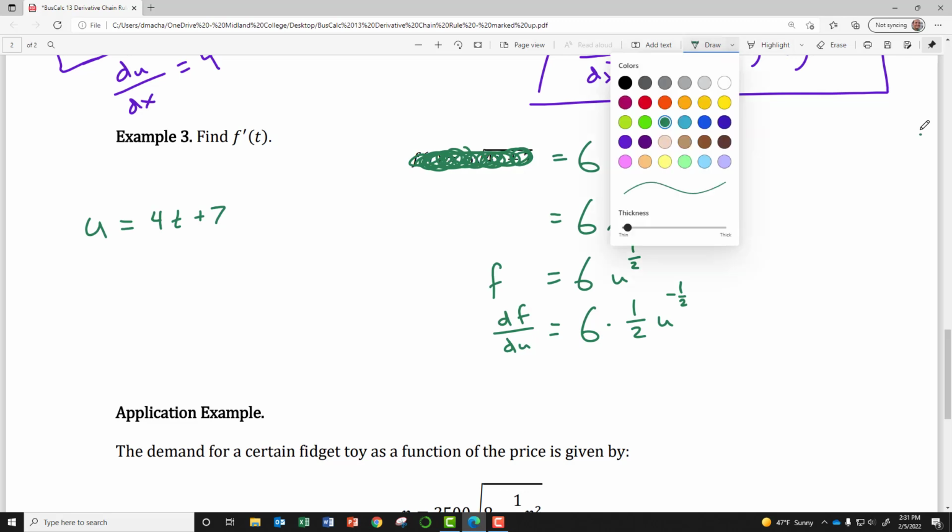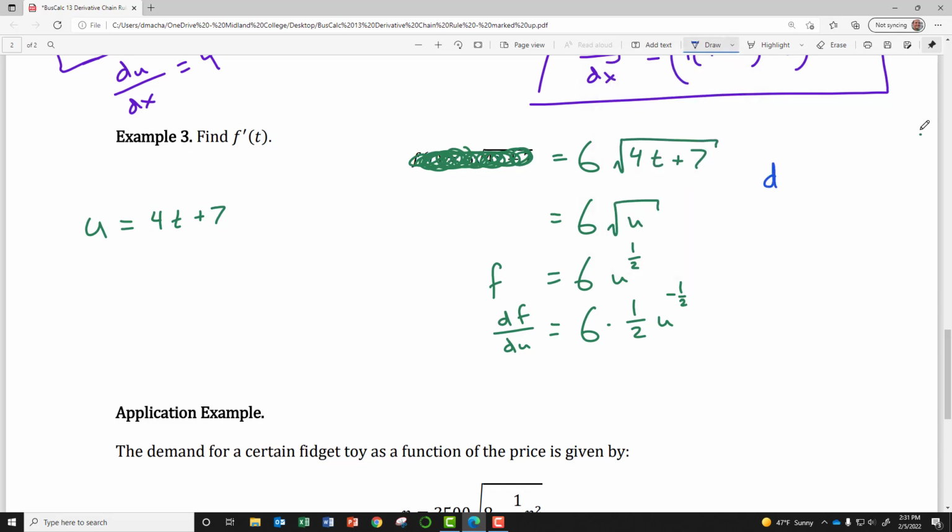And so thinking about the chain rule tells me that if I'm trying to take the derivative of f with respect to x, and by the way, oh man, I keep saying x. It's a hard habit to break. I want to take the derivative of f with respect to t. Because after all, this right here, f prime of t, that just is telling me the derivative of f with respect to t.